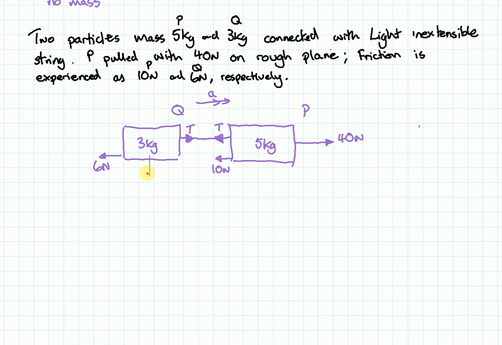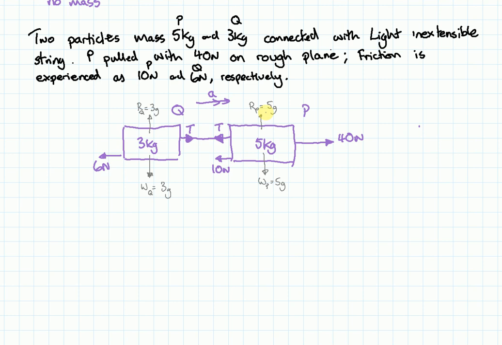The weight of Q is 3g, and the reaction force is 3g. The two are equal. And that's on Q. The weight of P is 5g, and the reaction at P must be equal because there's no motion vertically.